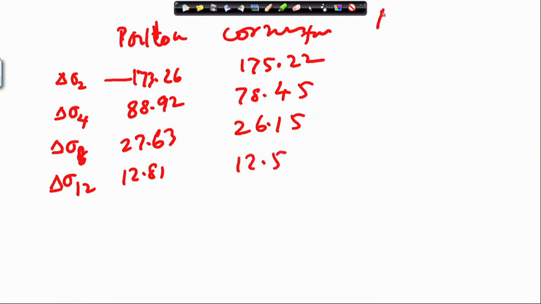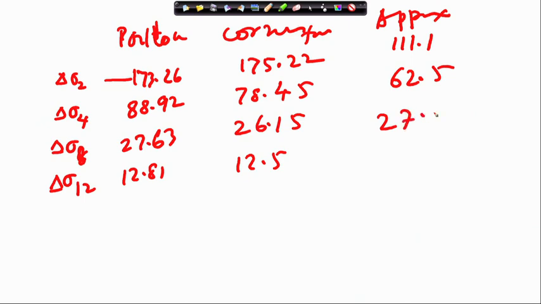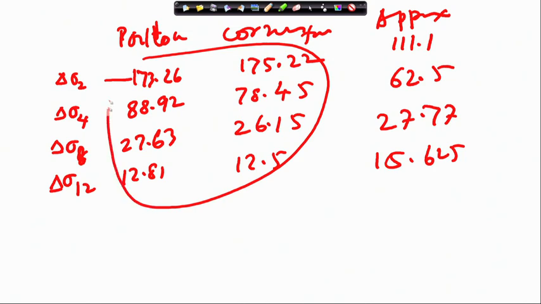And by the approximate method we got 111.1, then 62.5, then 27.77 and then 15.625. So, you can see these two are throughout the depth quite comparable.